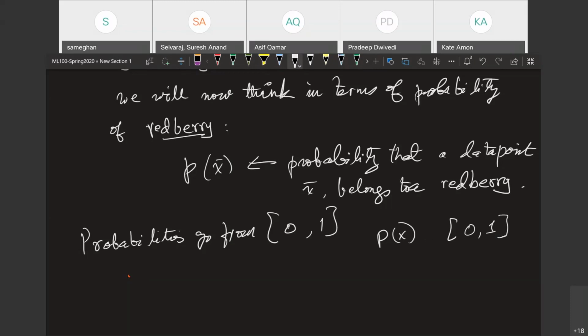I think this writing pad is touch sensitive and I need to disable the touch sensitivity because my hand is coming in the way. So give me a moment.